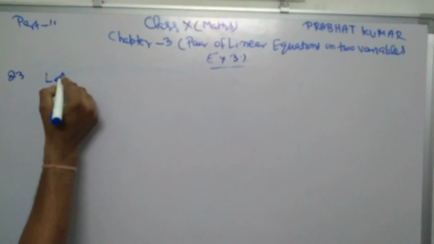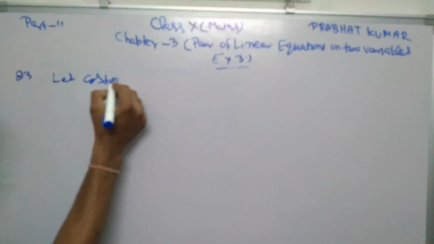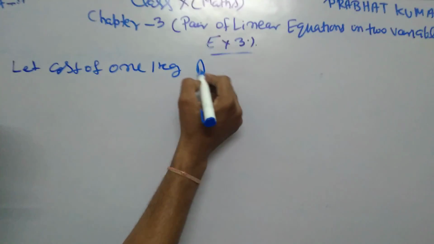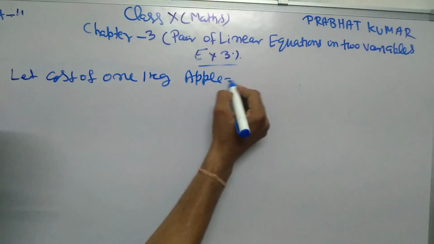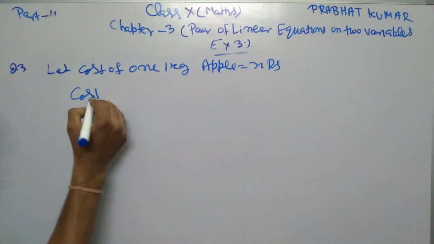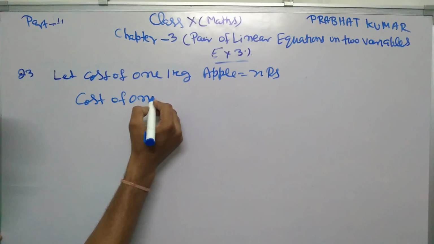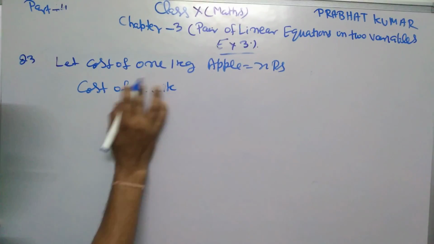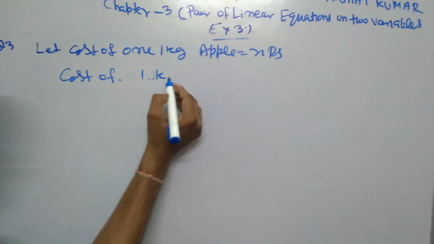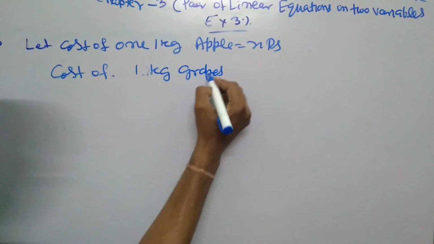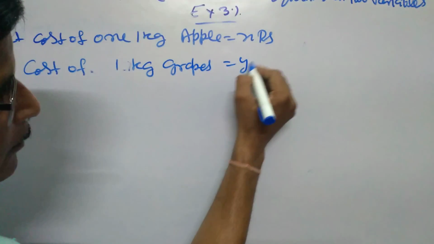Let cost of 1 kg apple be x rupees, cost of 1 kg grapes be y rupees.